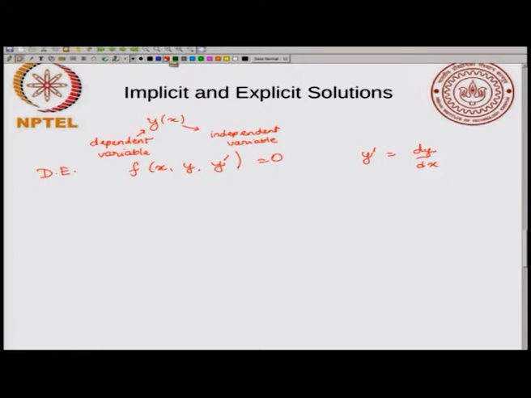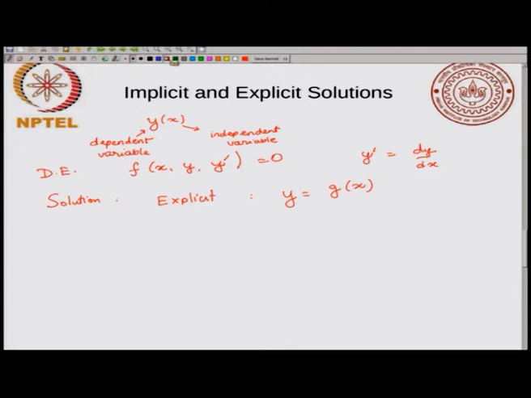Now, if you consider such a differential equation, the solution can be either explicit, that means y is equal to some, I will just say, g of x. That is an explicit solution.